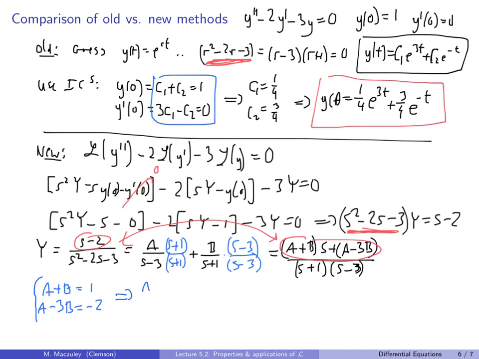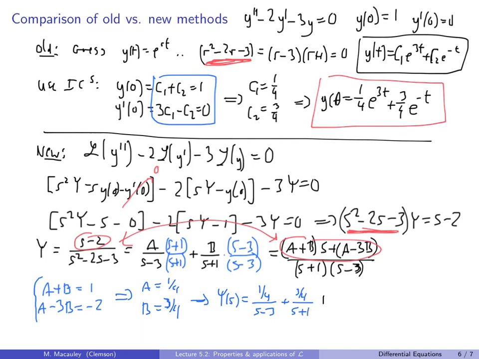We're going to get a equals 1/4 and b equals 3/4. That has to be the case. Why is that? Because big Y of s is 1/4 over s minus 3 plus 3/4 over s plus 1.